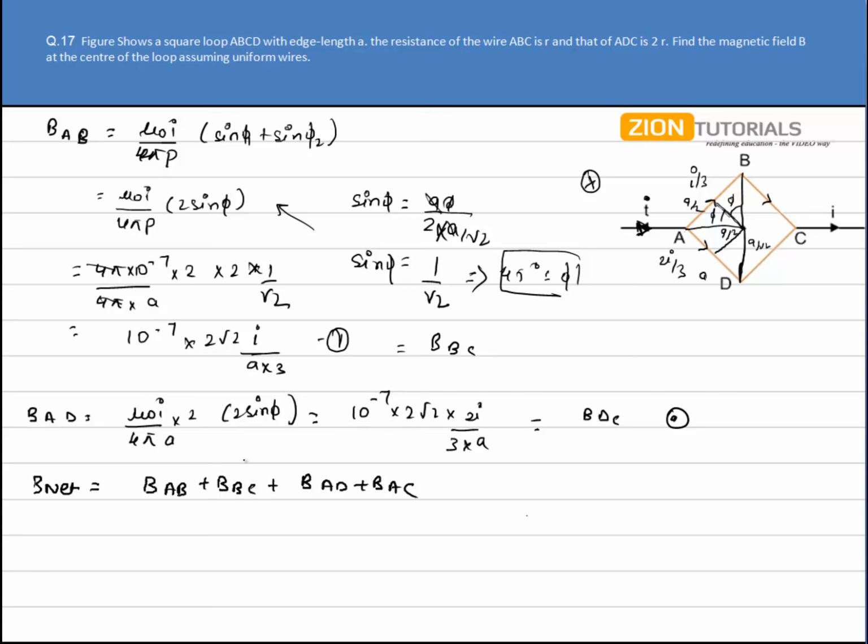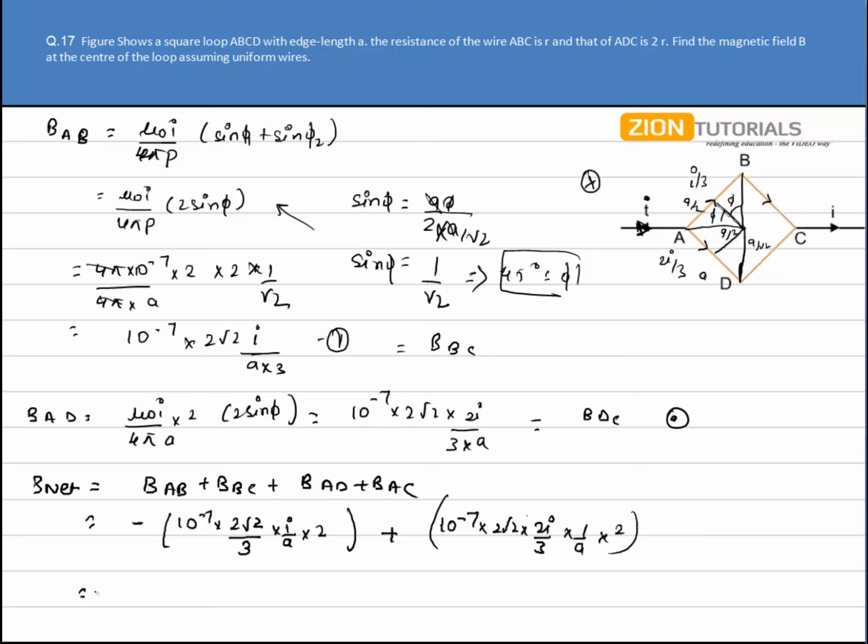So I have minus 10 to the power minus 7 into 2 root 2 by 3 into I by a, of course 2 times because AB and BC are the same, plus 10 to the power minus 7 into 2 root 2 into 2I by 3 into 1 by a, again 2 times because AD and DC are equal.